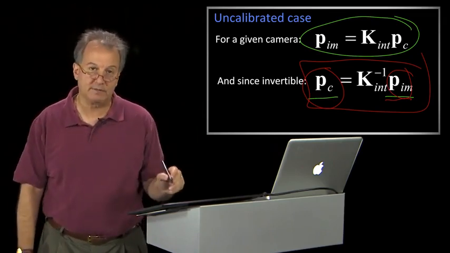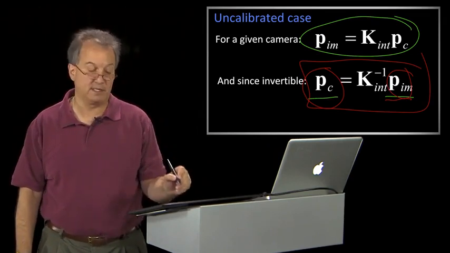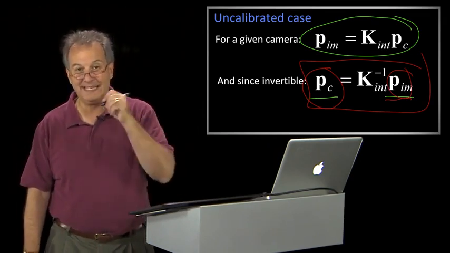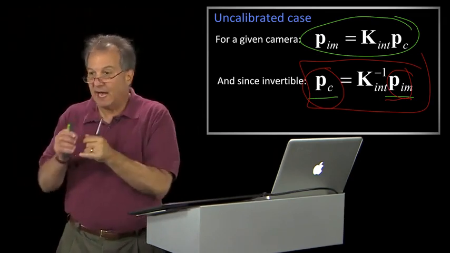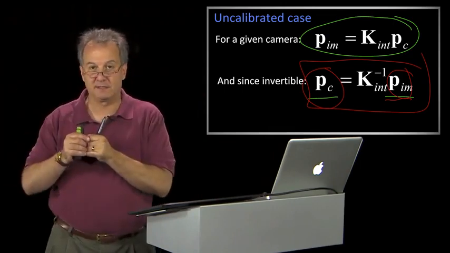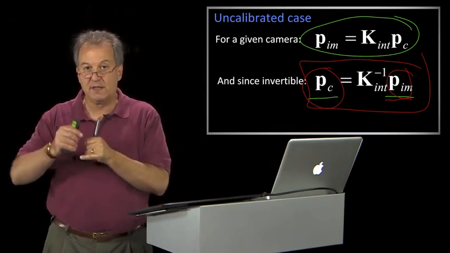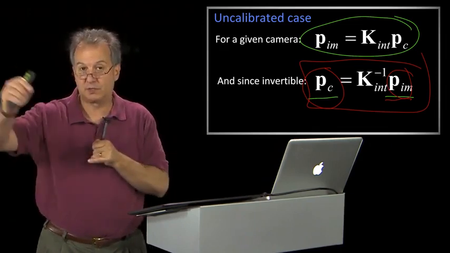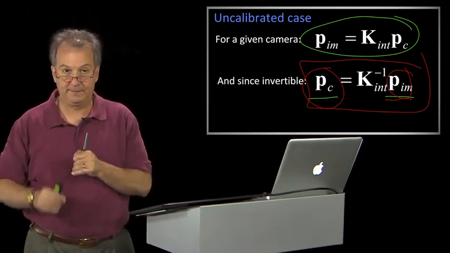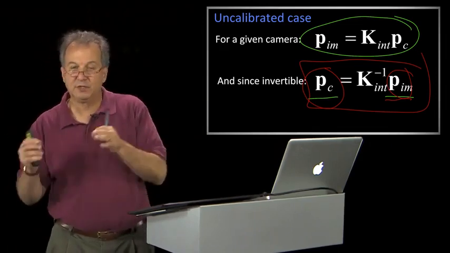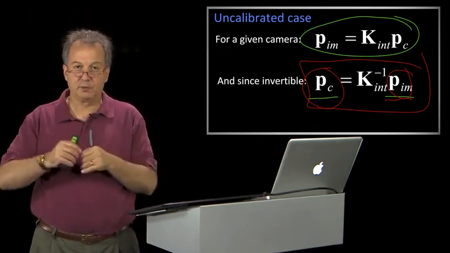And that's all the homogeneous coordinate is telling me. That if you give me the point in the image and the intrinsics, I can tell you the ray in space, which is the same as the homogeneous coordinate in the image. Okay? That's why we can go from an image to what feels like a world point, but is really just the ray.